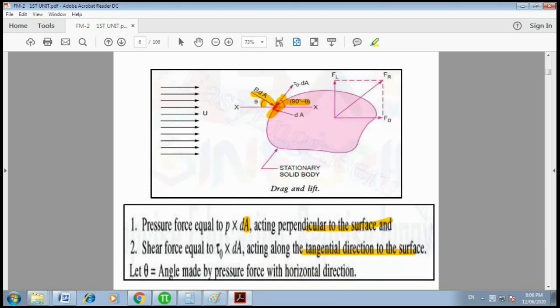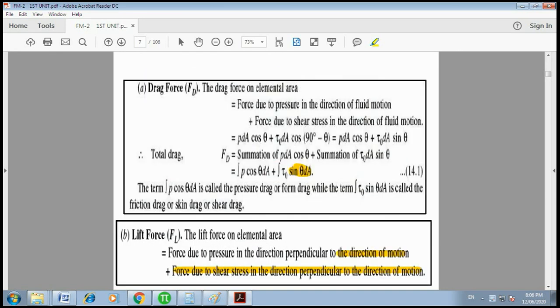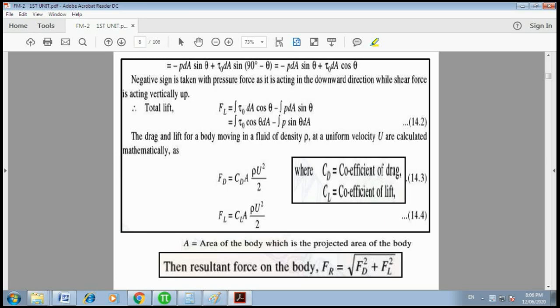Here it is acting downward, that's why it has been taken as negative. So total lift FL is equal to summation of tau 0 dA cos theta minus summation of P dA sin theta.